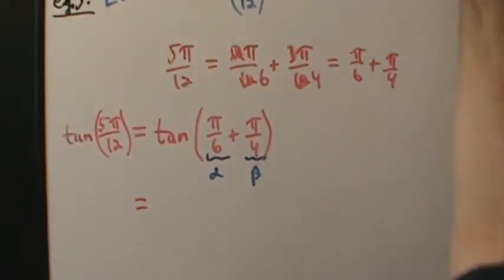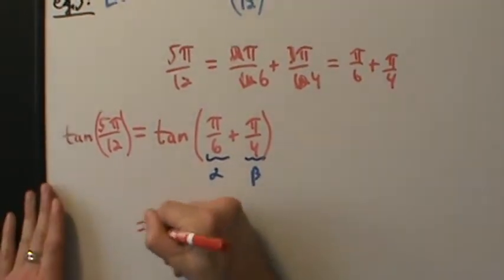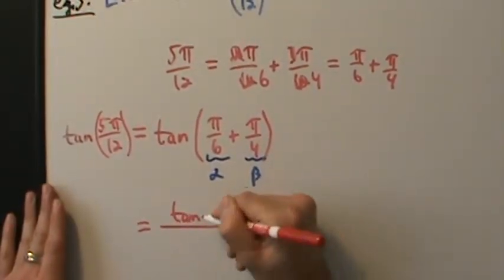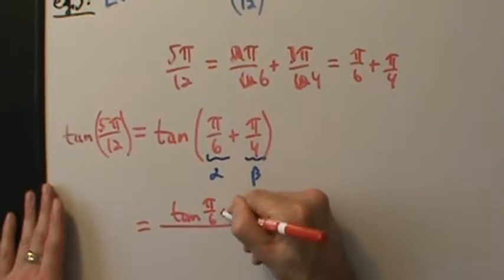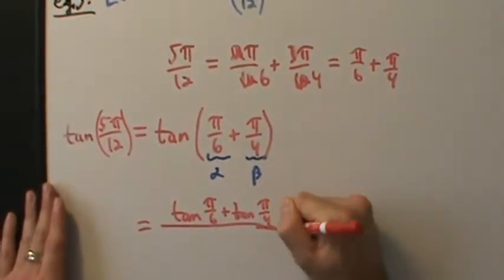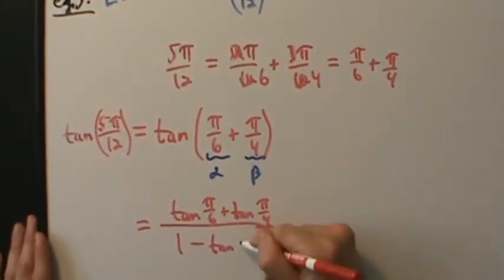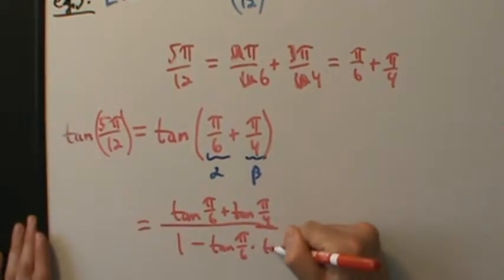Okay. So this is going to equal the tangent of pi over 6 plus the tangent of pi over 4, all divided by 1 minus the tangent of pi over 6 times the tangent of pi over 4.